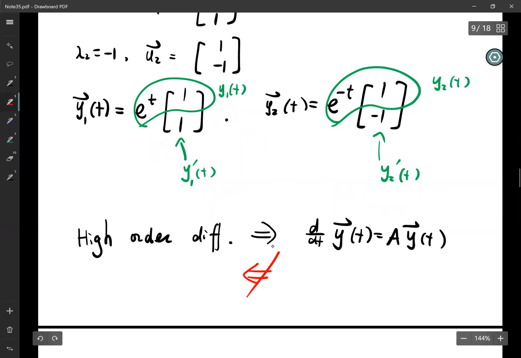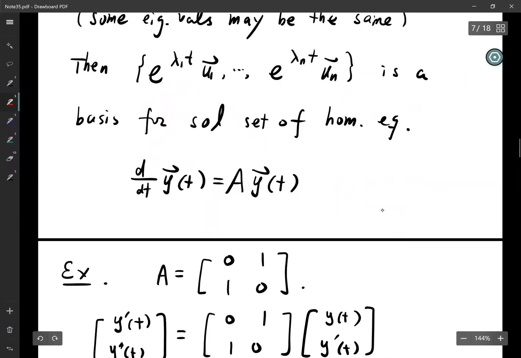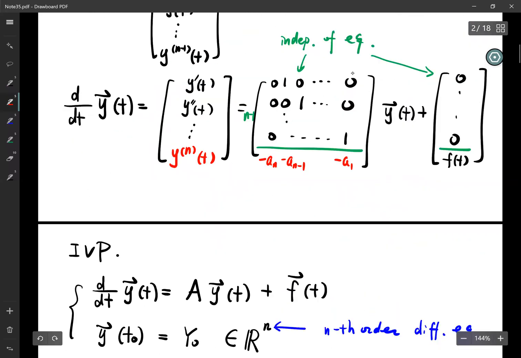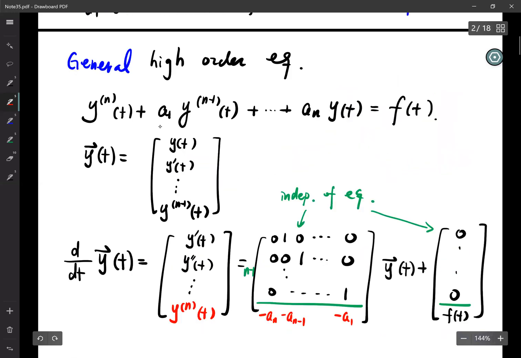But not all first order differential equation arrays are a realization of higher order differential equations. The reason is very simple. We have talked about the procedure here: only the first order equation arrays with A looking like this, and the right hand side looking like this, can be constructed as a higher order differential equation.